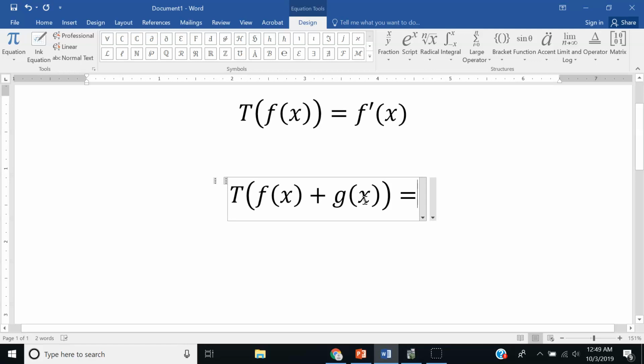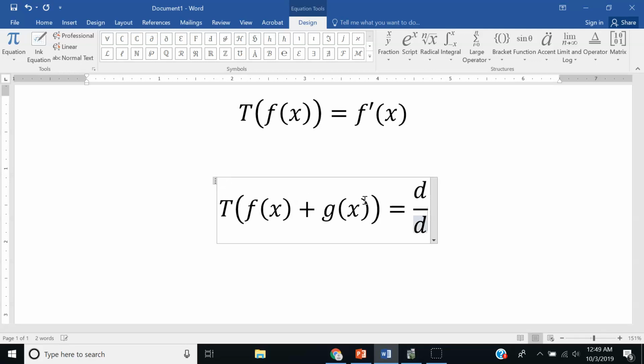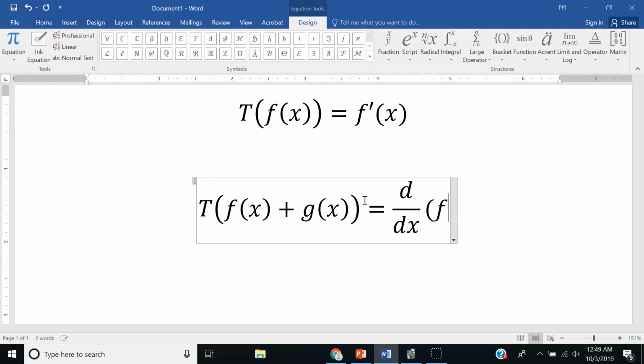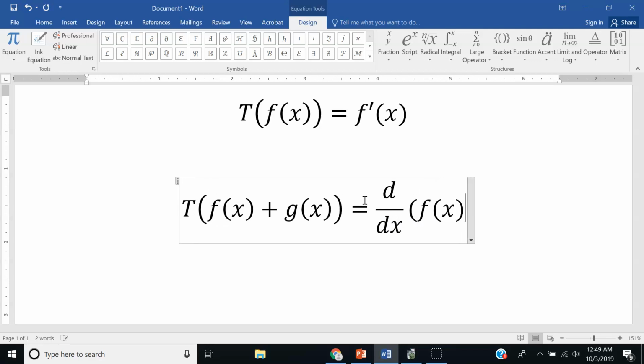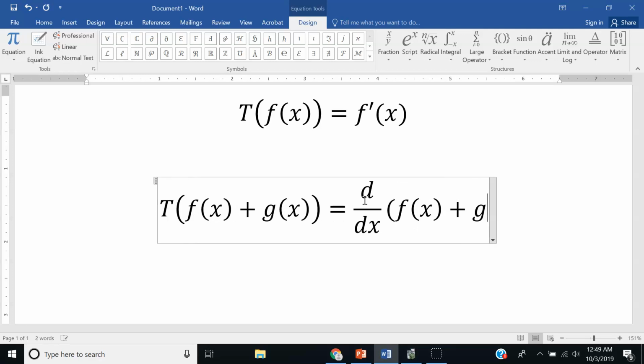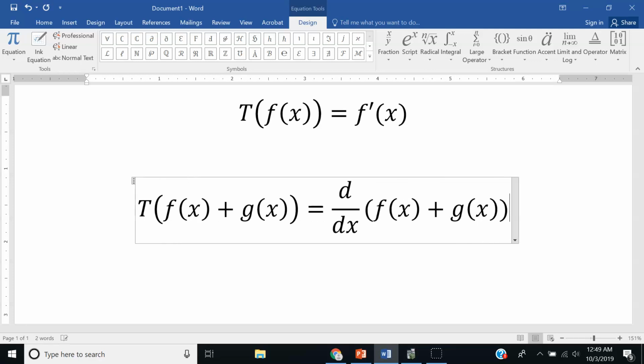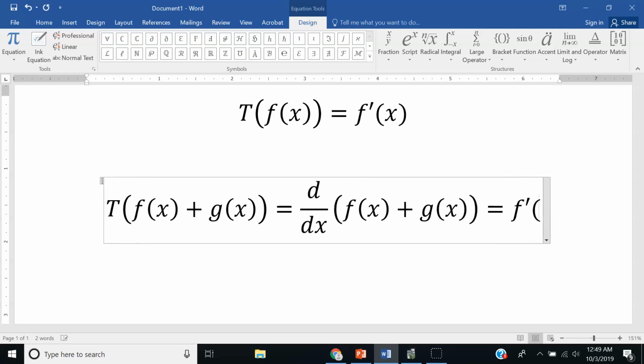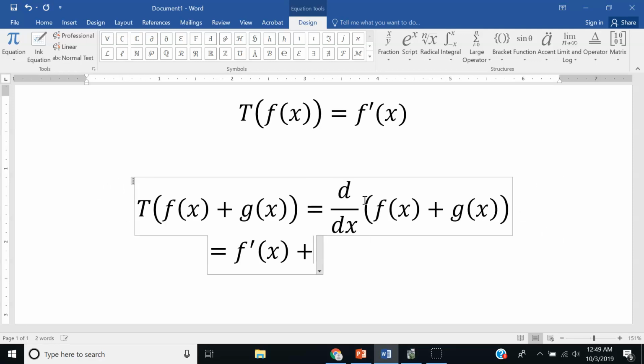So if I take the derivative with respect to x of f plus g, you do get f prime plus g prime.